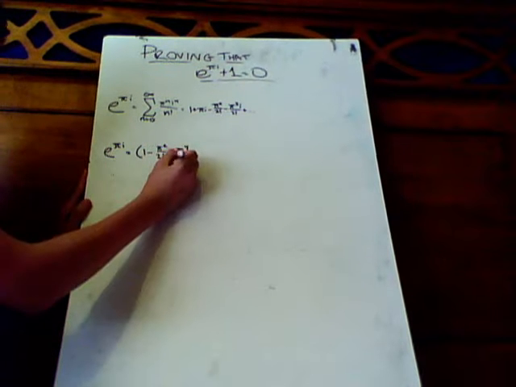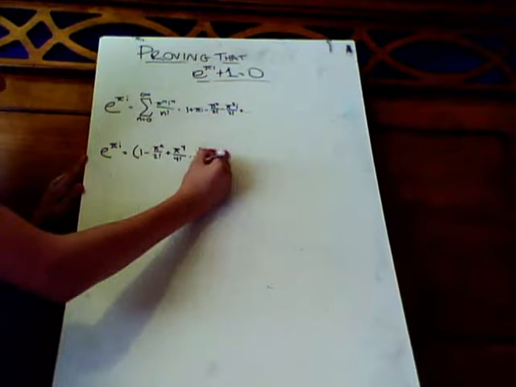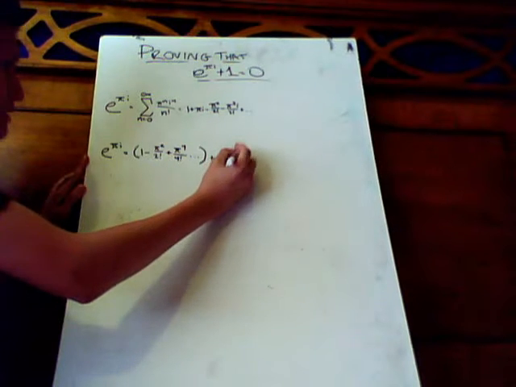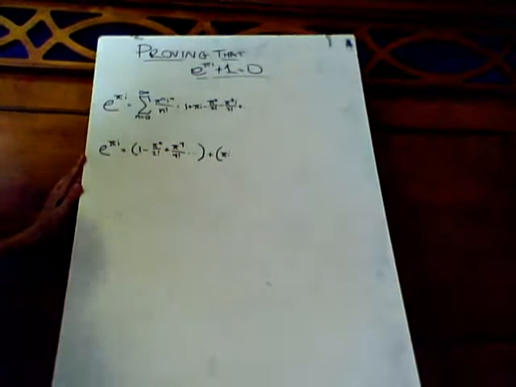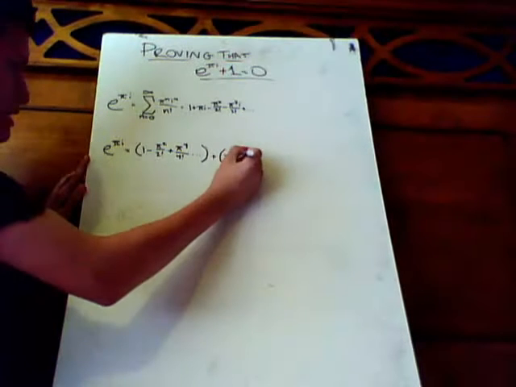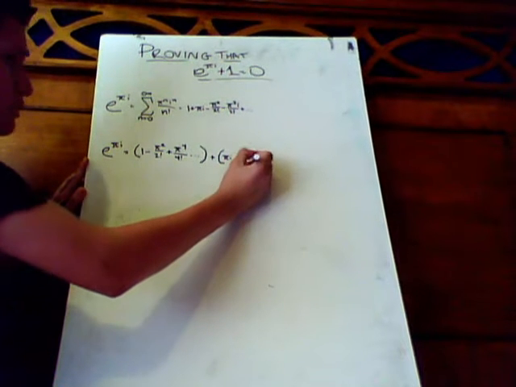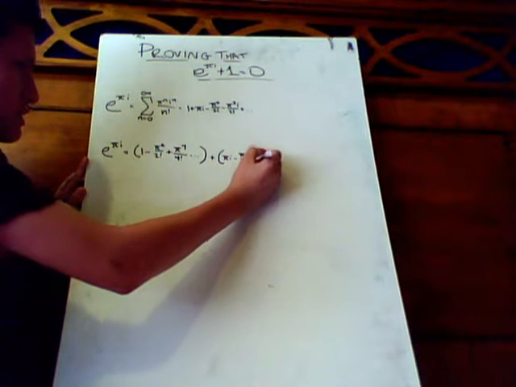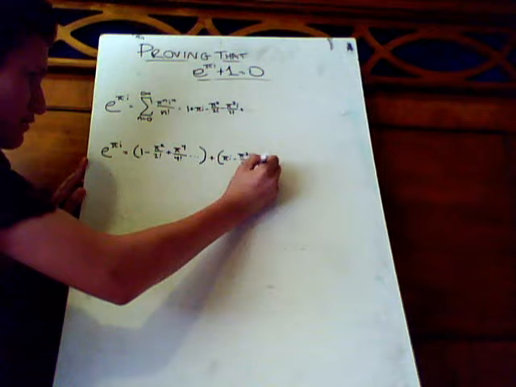Plus pi i minus pi cubed i over 3 factorial, plus pi to the 5th i over 5 factorial.